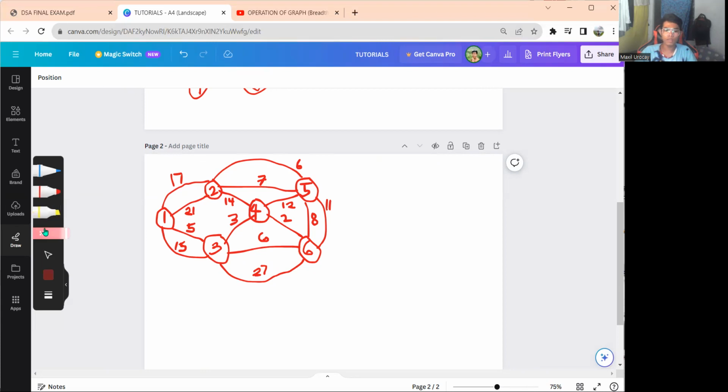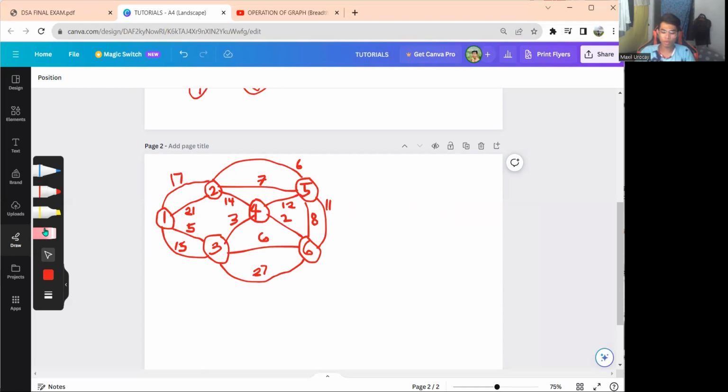Okay. So with regards to this right now, let's try to see Kruskal's algorithm first. For Kruskal's algorithm, we always follow the particular rule of spanning tree that it does not contain a cycle, and of course, it's not disconnected from each other.